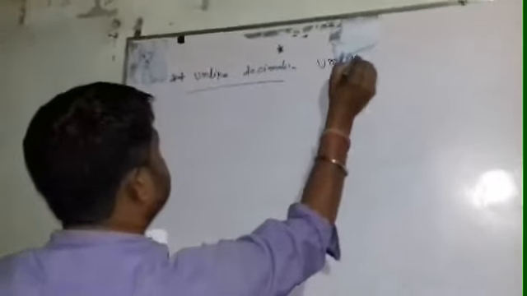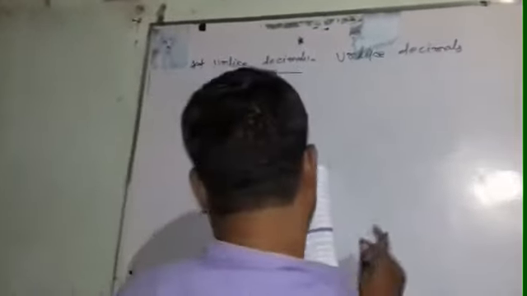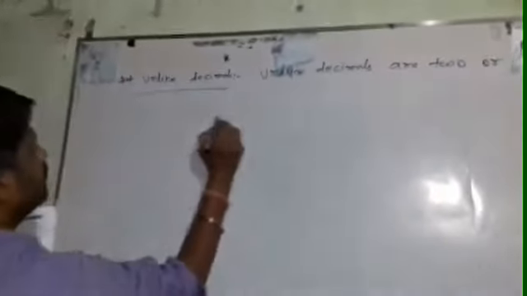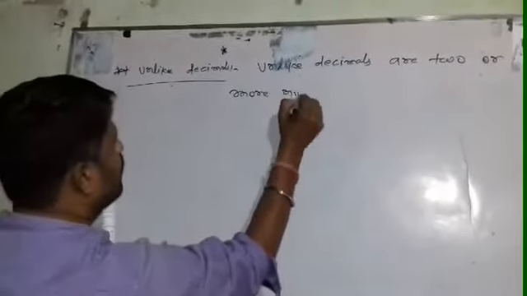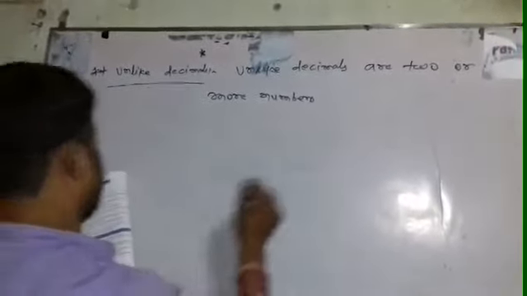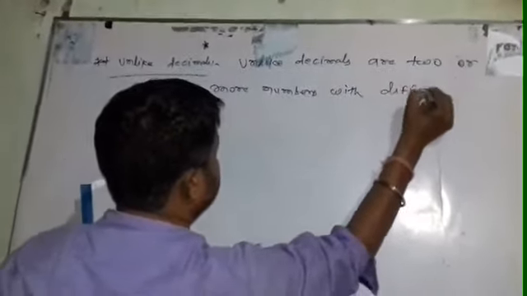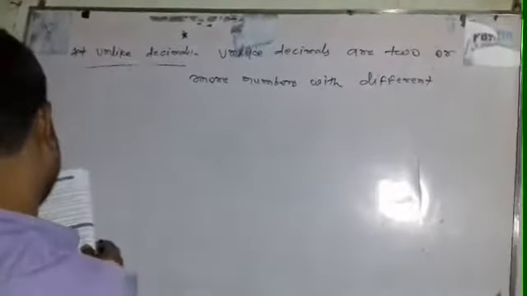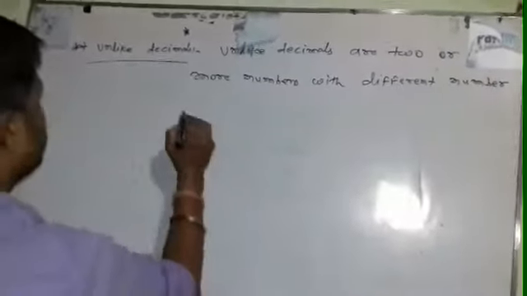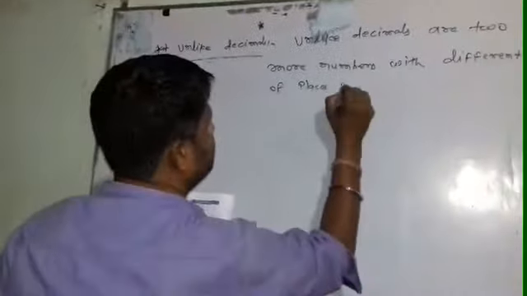Unlike decimals are two or more numbers with different numbers of places of decimals.